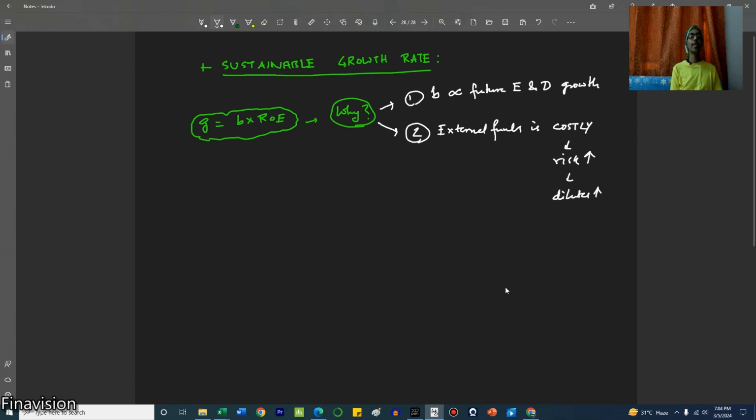If you raise it through equity, then it dilutes the equity. So it is a much less preferred way than retained earnings or retained profits. So this is the best way to gauge what is going to be the long-term growth rate in a sustainable manner.